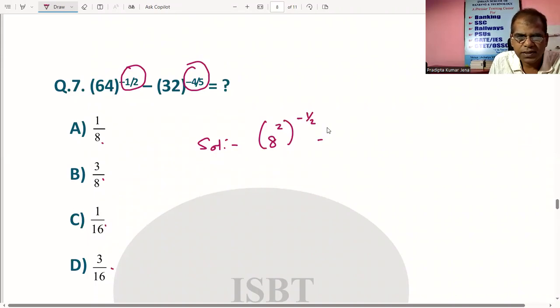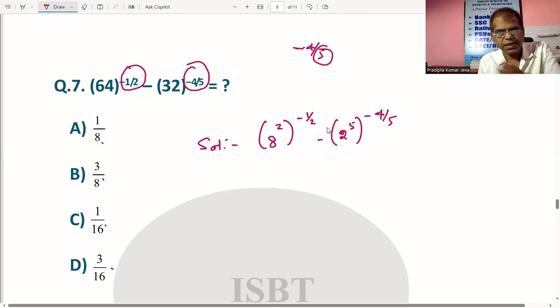And 32 we can write as 2 to the power 5, to the power minus 4 by 5. So 2 cancels, 5 cancels.